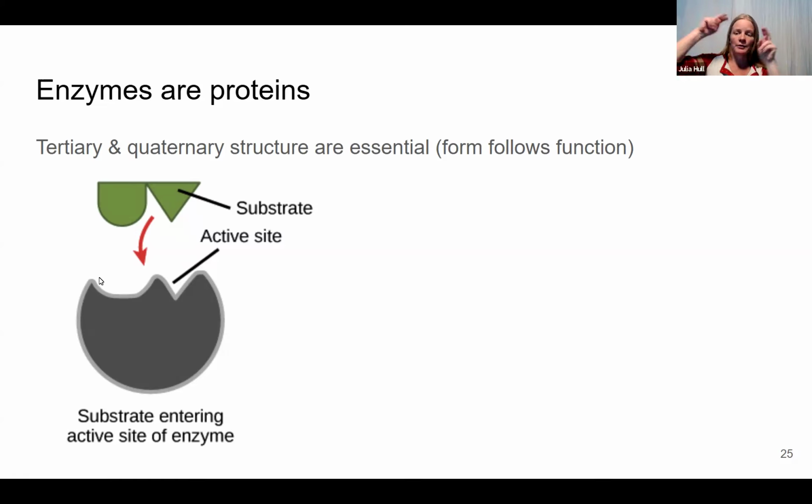We call that thing the substrate, and that substrate has to fit into this special site called the active site, right? So on our enzyme we have a pocket, and our active site pocket has to be the right size and shape for our substrate to fit into.